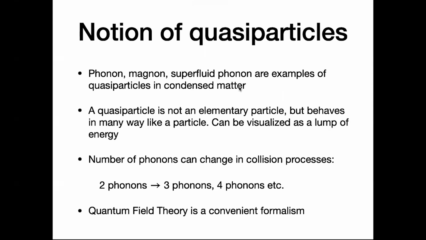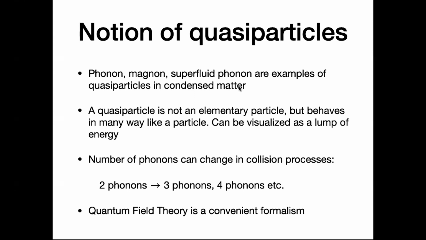So let's stop here and talk about one notion that we are going to use later on, the notion of quasi-particles. Phonons, magnons, and superfluid phonons are examples of quasi-particles in condensed matter. A quasi-particle is not an elementary particle, like an electron or a neutrino, but it behaves in many ways like a particle.